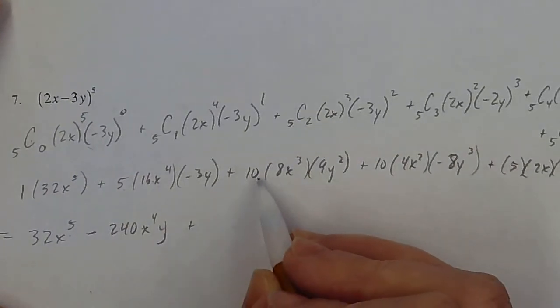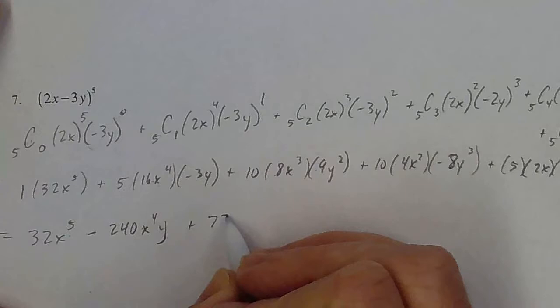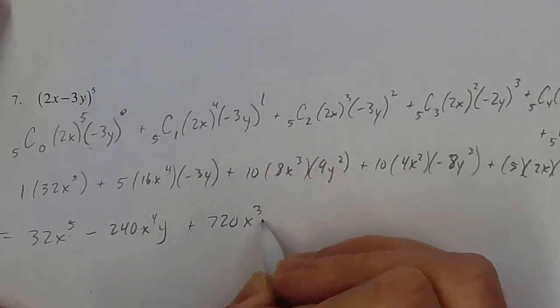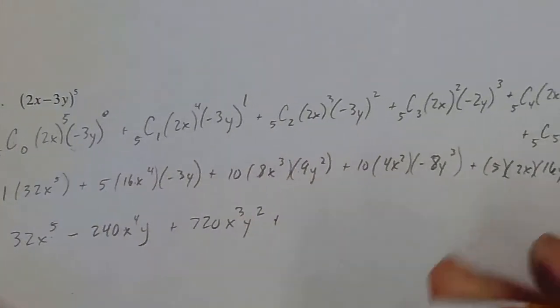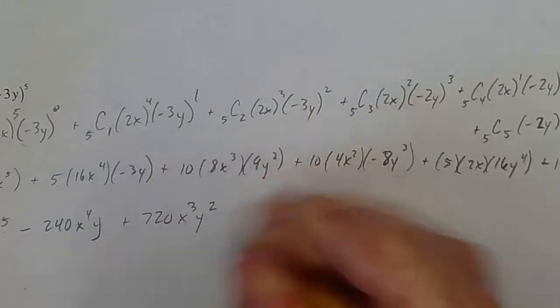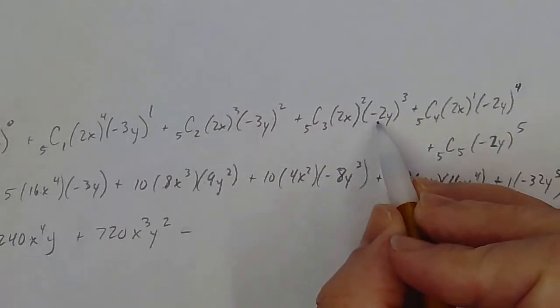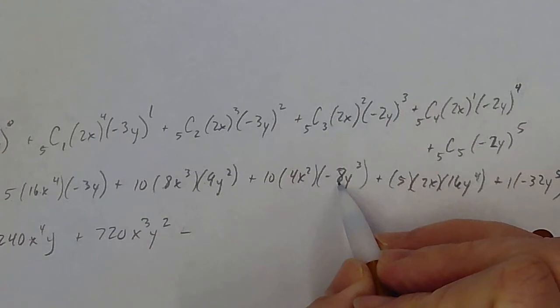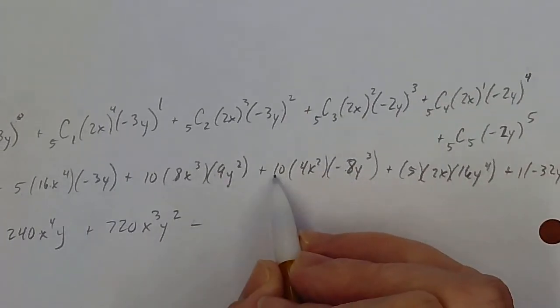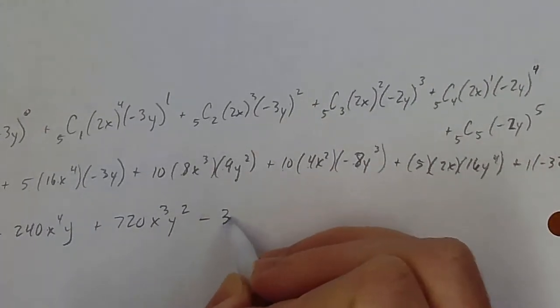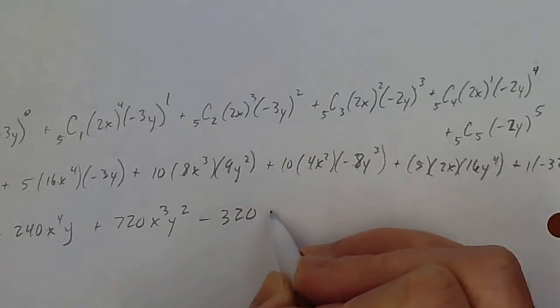Okay, so here we have 80 times 9, so 720. X to the 3rd, y squared. Next one's going to be negative again. This is alternating because of that -2 to the 3rd power. It's -8. So that gives me -80 times 4, -320. X squared, y to the 3rd.